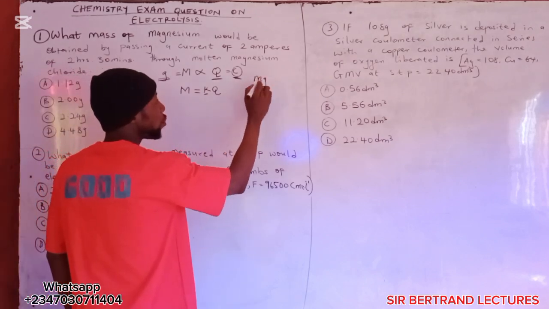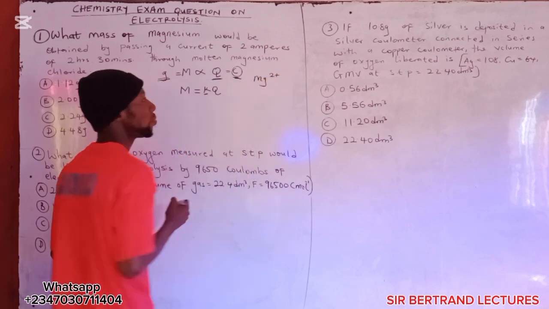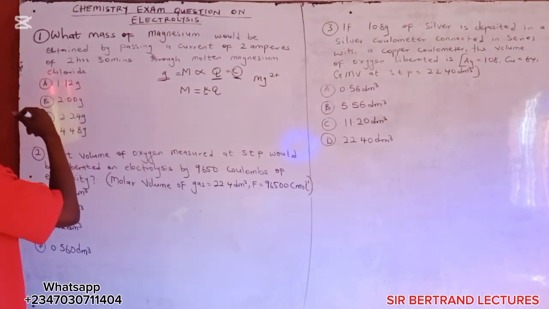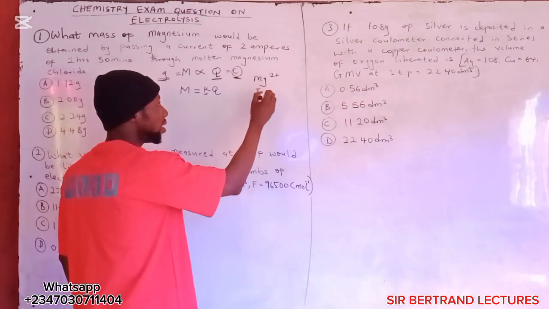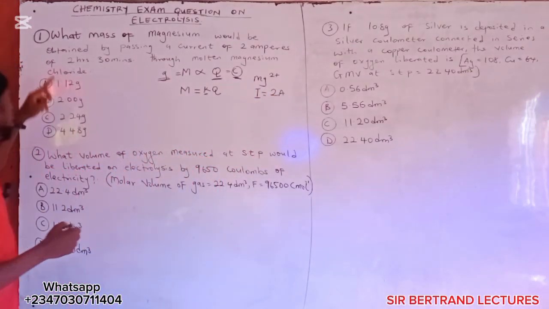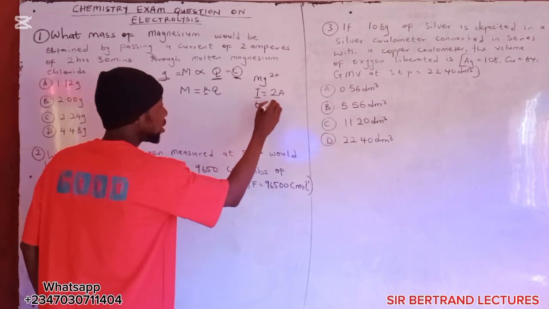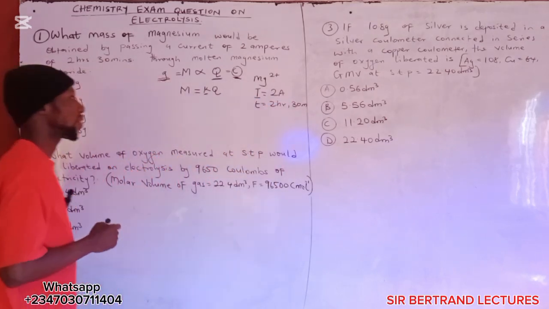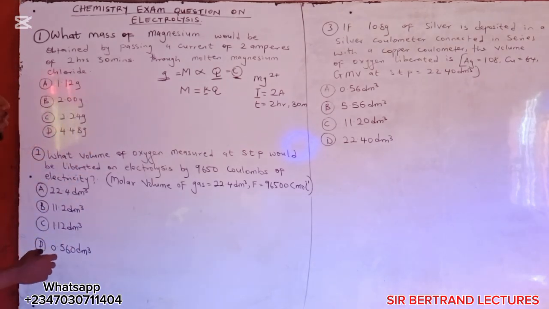The magnesium ion has a charge of +2. The current is represented with I, and here it is 2 amperes. The time here is 2 hours 30 minutes, through molten magnesium chloride.